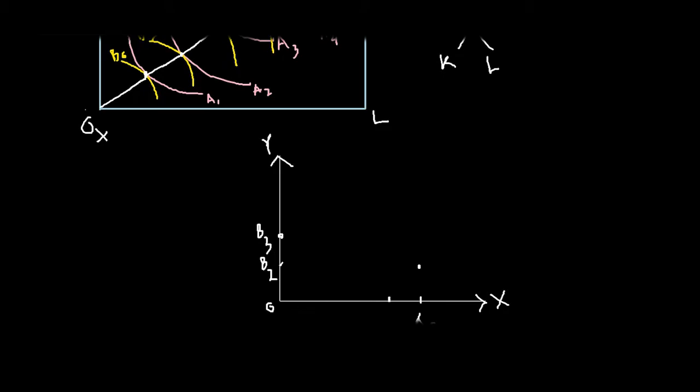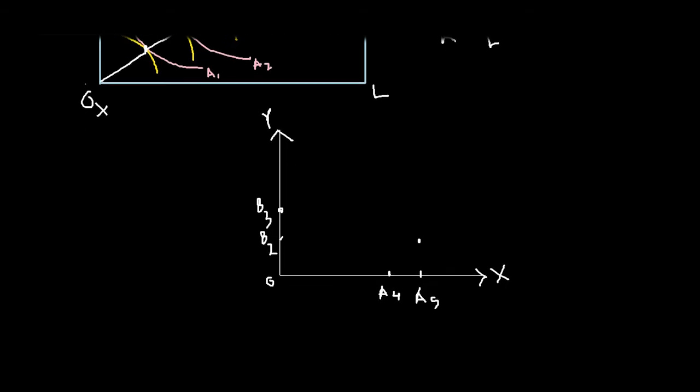Because a4 is a lower isoquant than a5, a4 represents a lower level of production of x as compared to a5. So clearly it would be towards the left of a5, because a4 is representing a lesser output as compared to a5.